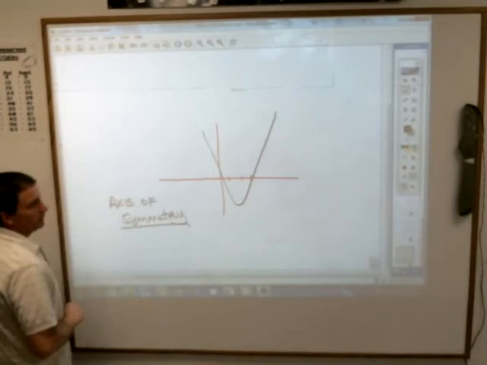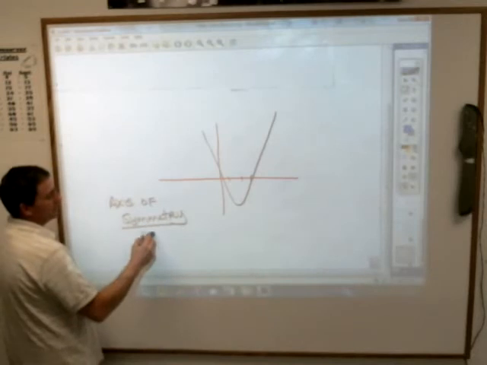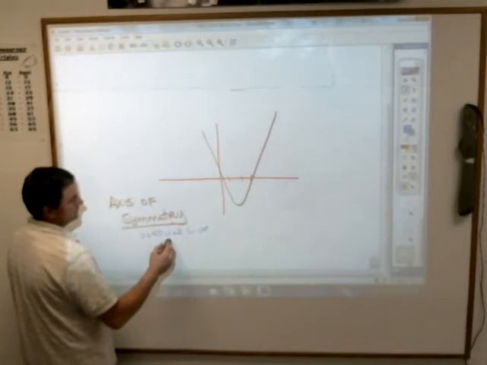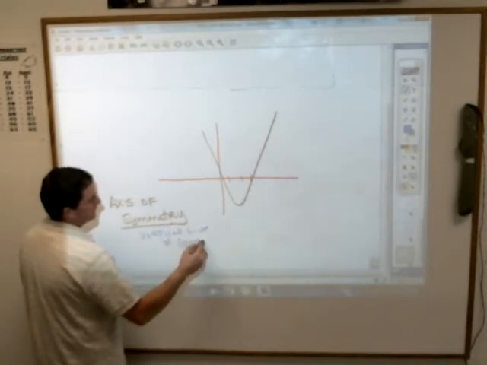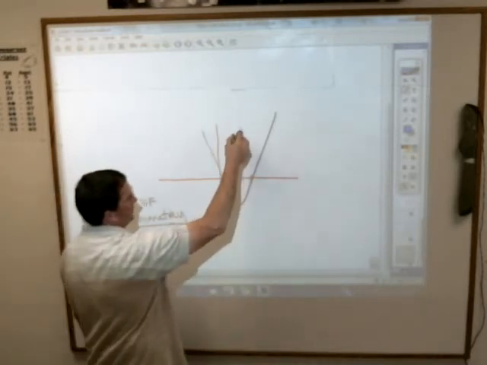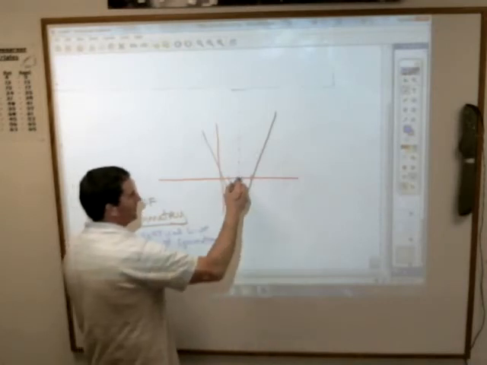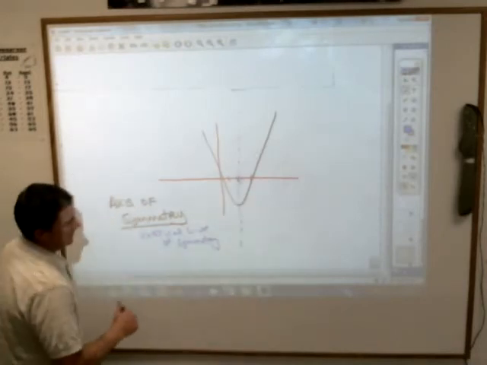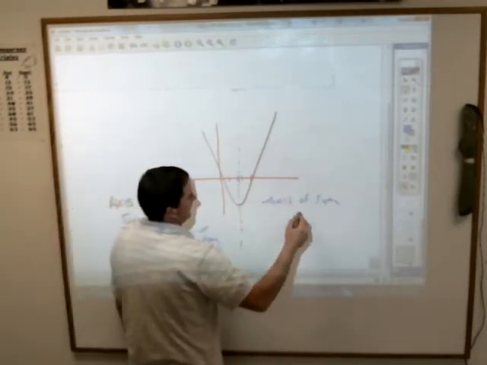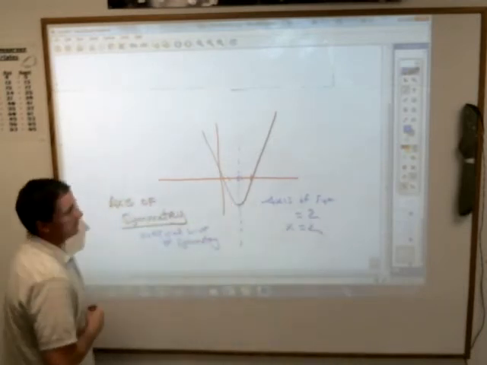We talked about symmetry before, and that is basically nothing more than the vertical line of symmetry, which would be this. If I took a dashed line and went right down the middle, it's the line that makes it symmetrical. I was hoping to get it right there at the number 2, but I kind of missed. The axis of symmetry in this case would be where x equals 2, right there where it's symmetrical.